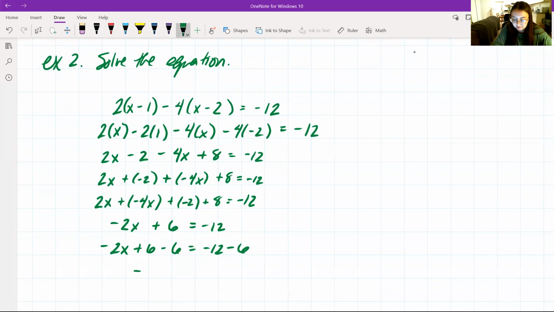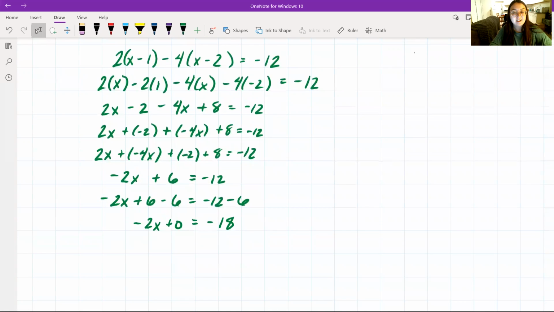On our left-hand side, we end up with negative 2x plus 0. Negative 12 minus 6 is like saying negative 12 plus negative 6, and this is going to be negative 18. Our identity property allows us to rewrite negative 2x plus 0 as just negative 2x, which is equal to negative 18.